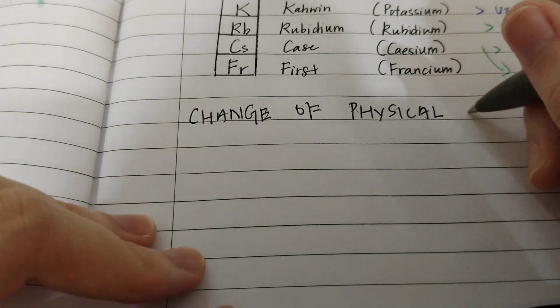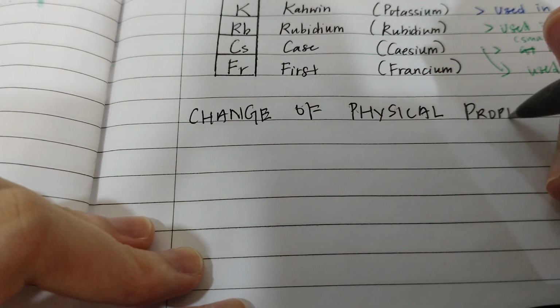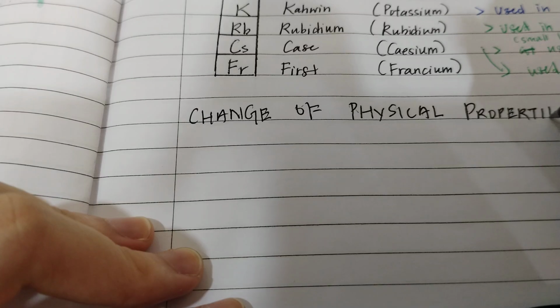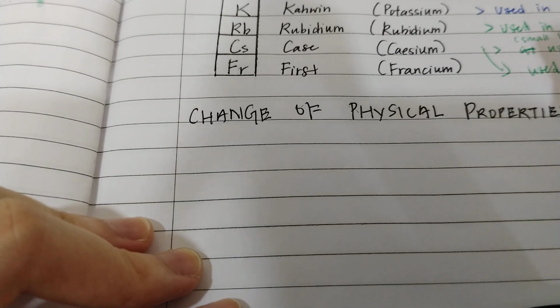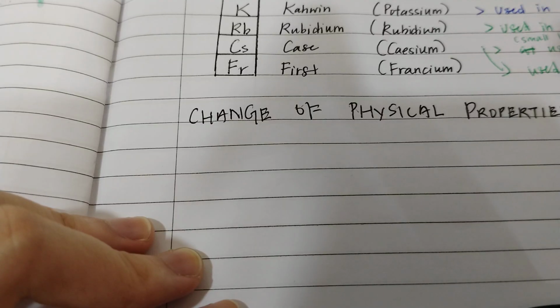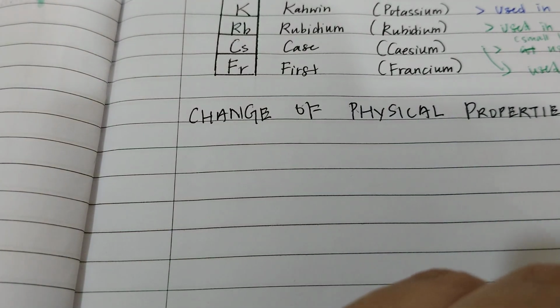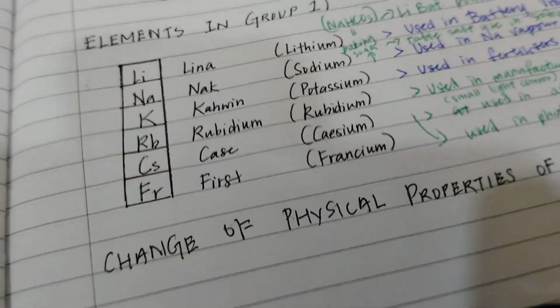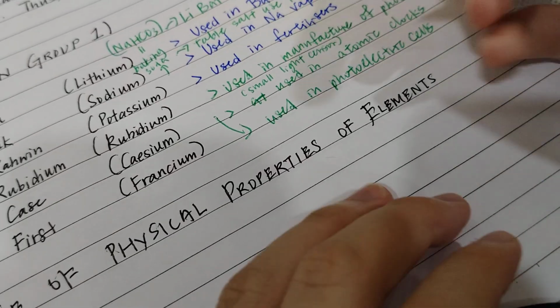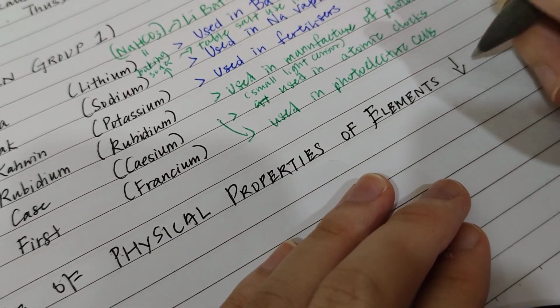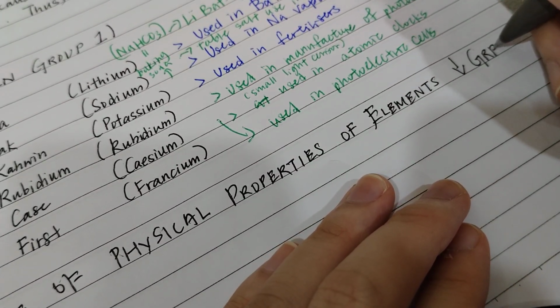Physical properties of elements. And this is going down group 1.